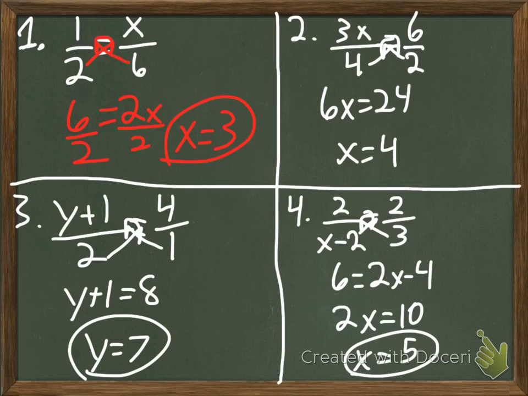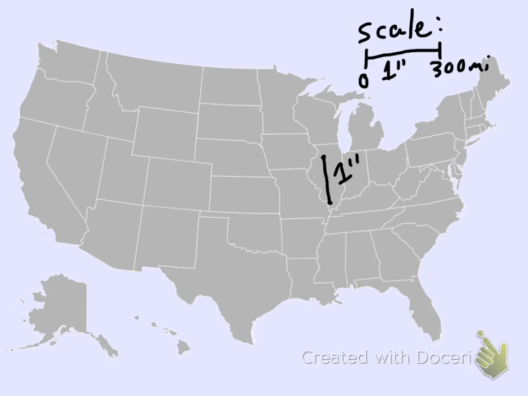But most proportions we get from real life. A place that you see a lot of proportions is on maps, whenever you're using them to find distances. A map has this thing called a scale. It tells you that an inch, it's normally an inch or 2 inches, is so many miles.